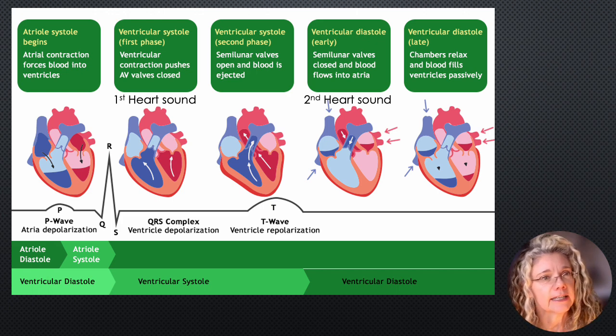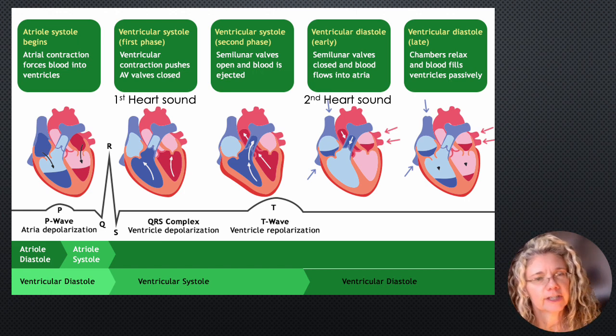So in early ventricular diastole, when the ventricles are just beginning to relax, the semilunar valves will close, all right, as venous blood begins to flow into the atria, and the closing of the semilunar valves is what makes your second heart sound, all right?